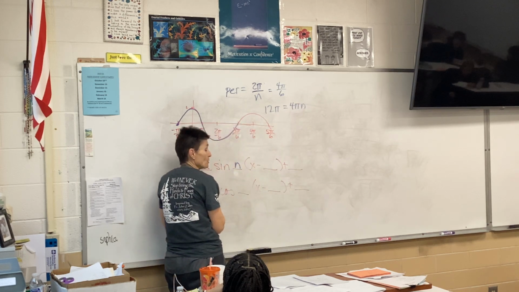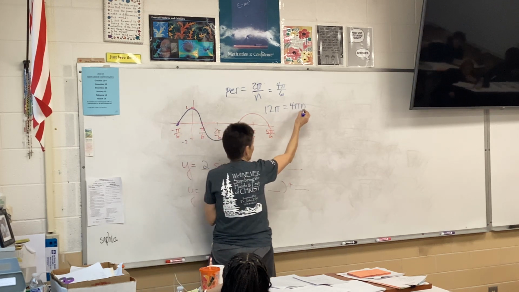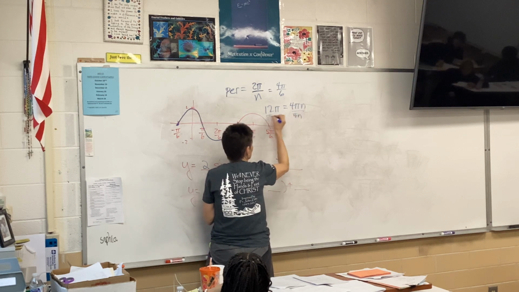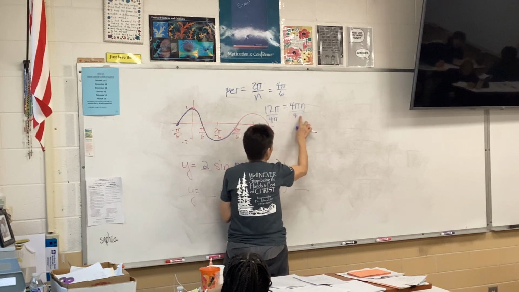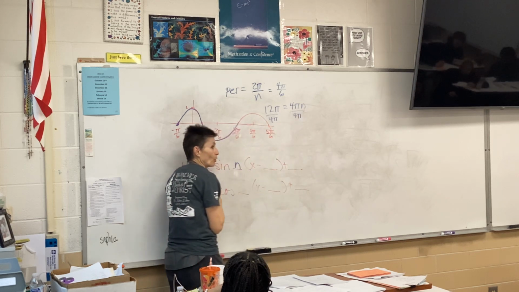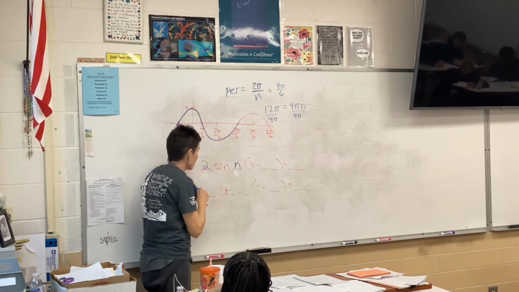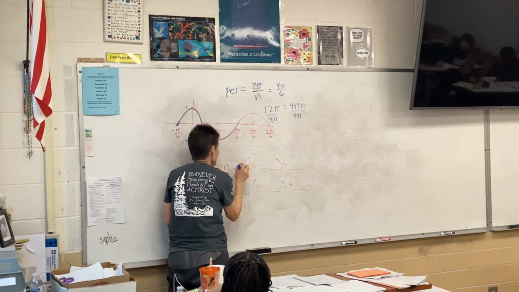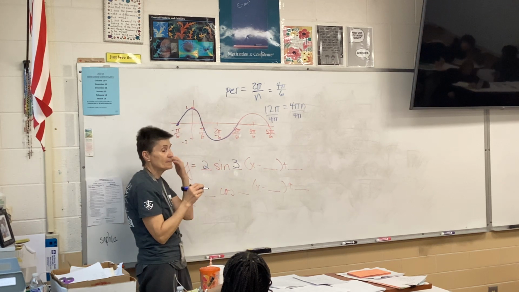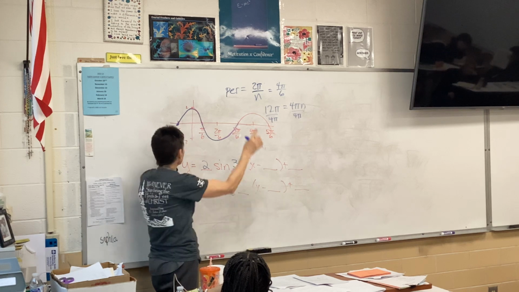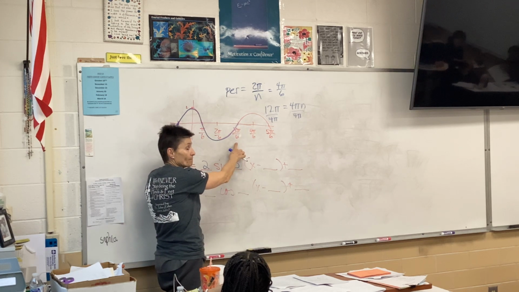Just remember, when you cross multiply, you're solving for n. So what does n work out to be? 3. So this number is a 3. 2 pi divided by 3 gives me this period.